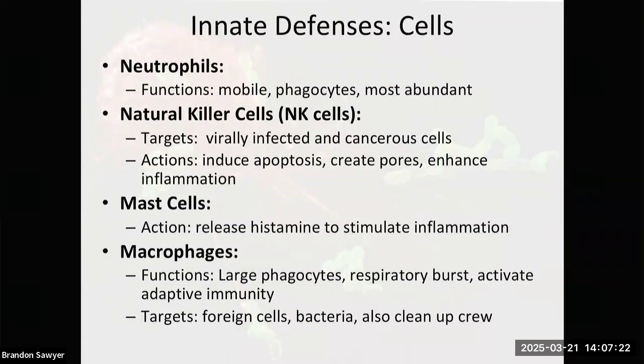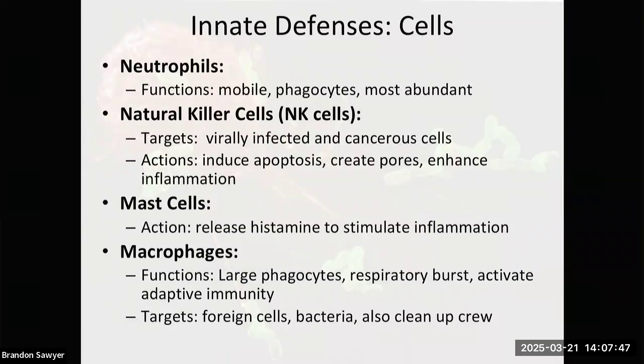When we get into the actual cells, it's a lot of these that we've already talked about, right? So the neutrophils, natural killer cells, mast cells, macrophages, kind of tells you what types of cells they each go after and some of the ways that they do that. Okay, so they can induce apoptosis, like in that video I showed you on the natural killer cells before, which pretty much means it forces the cell to destroy itself, right?